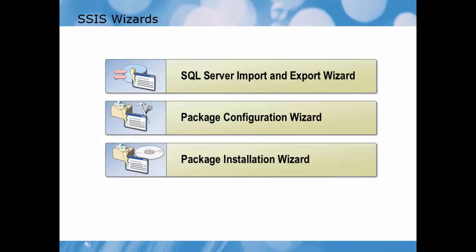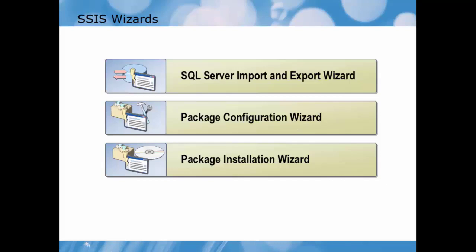While we are learning the different things in SSIS, we do use a lot of wizards. Like we have a SQL Server Import and Export Wizard which helps us to import data or export data. In fact, in the next section, I'll show you practically how we can import or export data. We also have a package configuration wizard which I'll be showing you while we are trying to configure our packages to make the packages a bit dynamic.